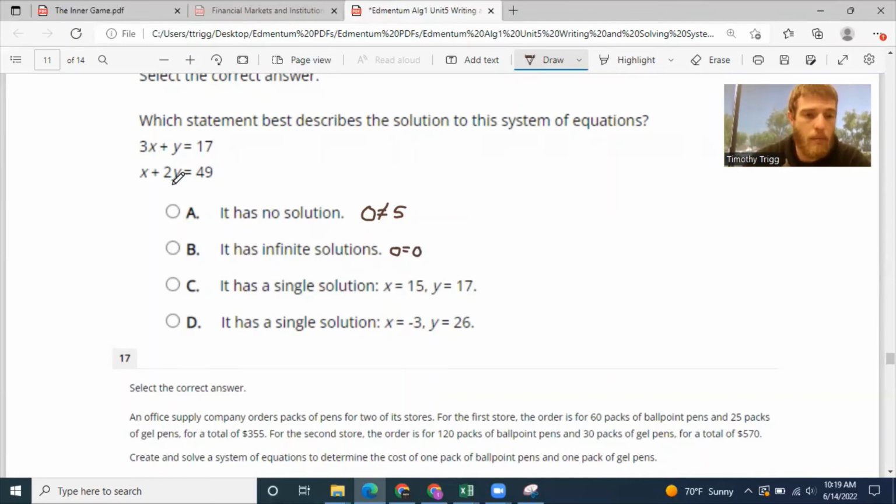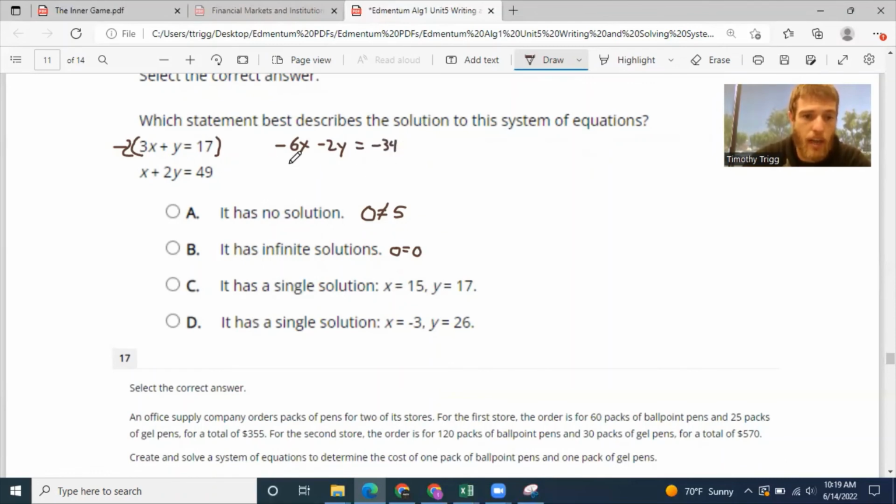So how can we determine what kind of solution it has or what its solution is? Well, we can use elimination. I can multiply this top equation, in this case, by -2 if I want to eliminate the y's. So what would that look like? Well, let's distribute the -2 into each term in this equation. So -6x minus 2y equals, and then the -2 times the 17 as well, -34.